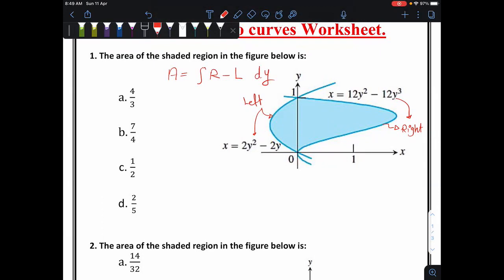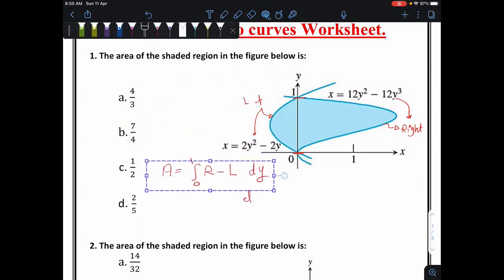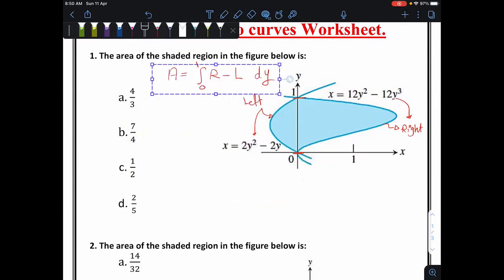So we have to put here the limits of integration, which is 0 to 1. From 0 to 1. So what's the right function? Let me take only this part.